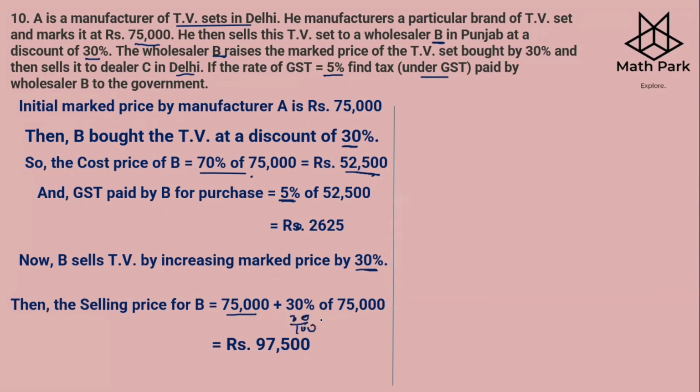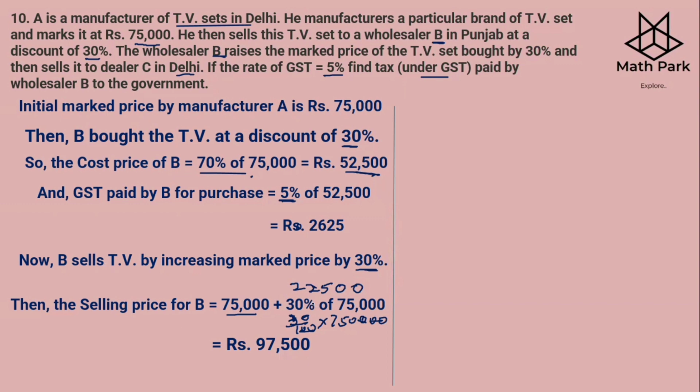Wherein you get 75 threes are 225. So this is 225 and the three zeros.